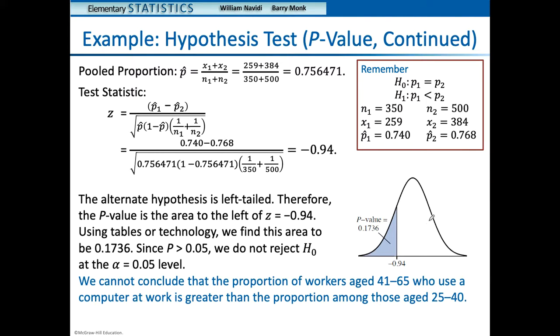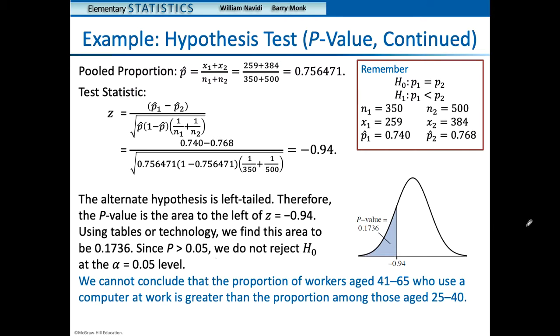Because it's a left-tailed test, the p-value is the area to the left of negative 0.94. And if we use the table to look that area up, it would just be the standard normal curve table. We would find this area to be 0.1736. And that p-value is definitely greater than 0.05.